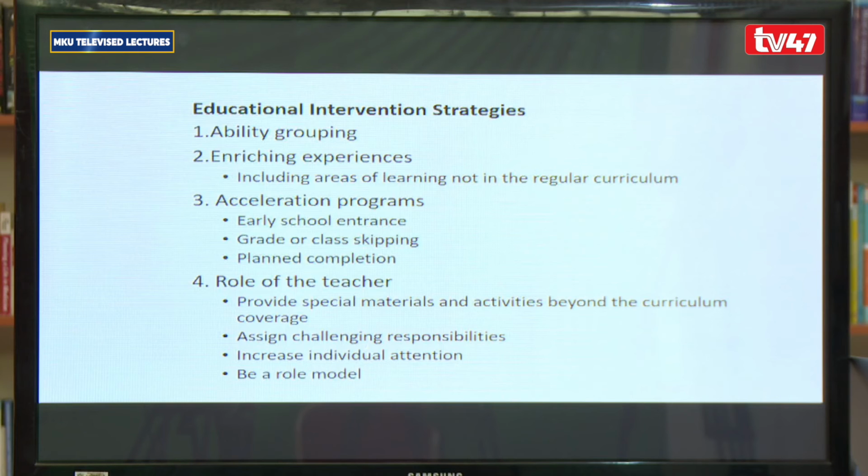So, as a teacher, provide special materials and activities beyond the curriculum coverage. So go beyond what is in the curriculum for them, for that class. Give them something extra. Get other materials beyond what the others are using, even if they're beyond their class level.